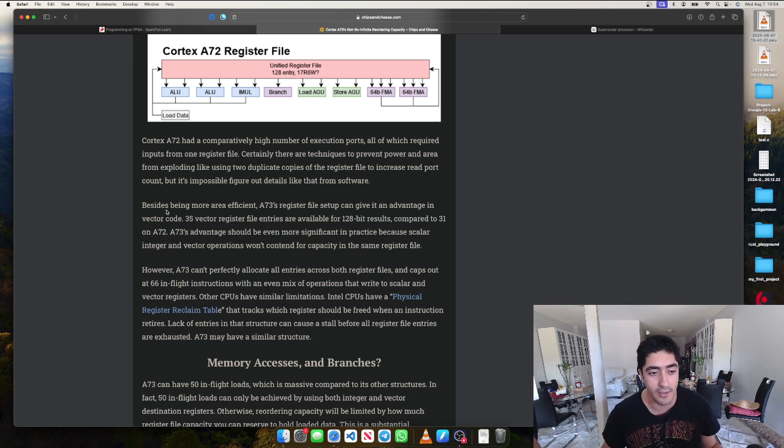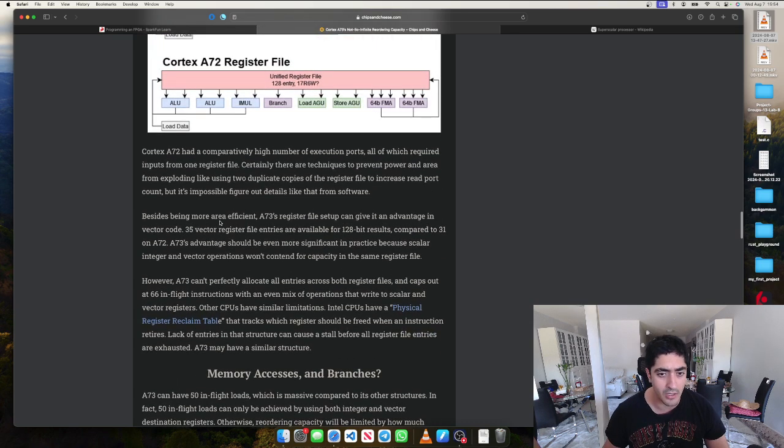All right. Besides being more area efficient, A73. Were we here? Maybe not, but I'm going to read over it again. Besides being more area efficient, A73's register file setup can give it an advantage in vector code. 35 vector register file entries are available for 128-bit results compared to 31 on A72.